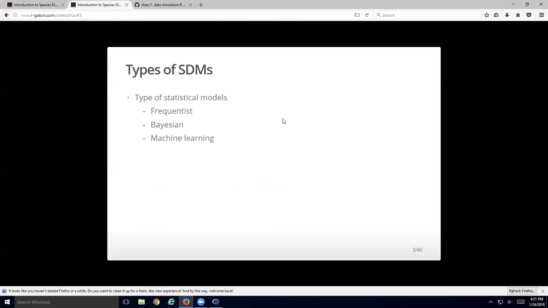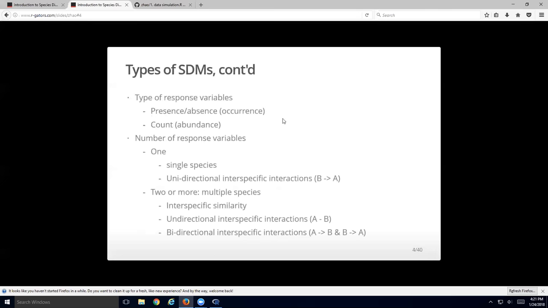We have the basic frequentist approaches, we have Bayesian, and we also have machine learning. All of those can be used as species distribution models. And if we look at the type of response variables, as I said, it can be either the occurrence of species or the abundance of the species.